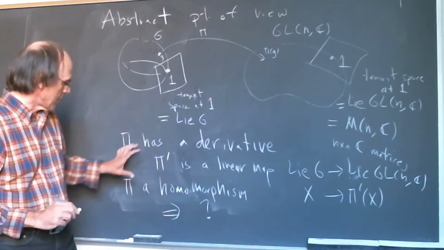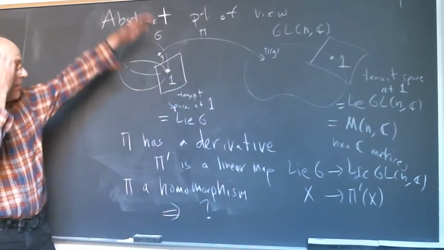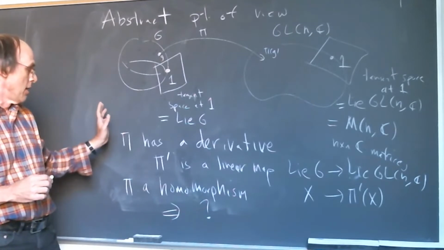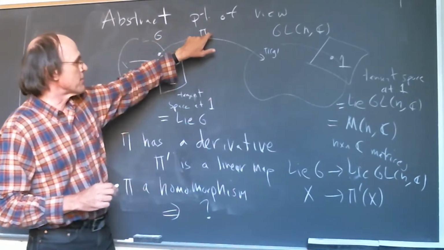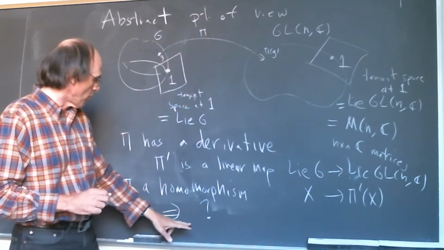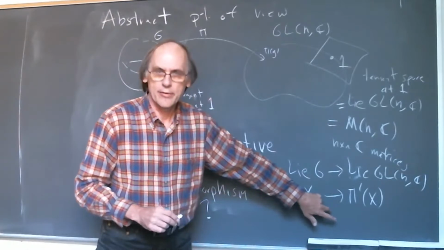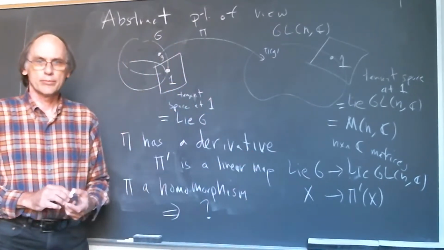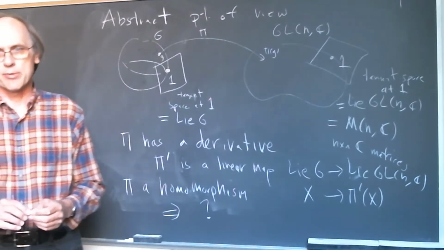So this is the question I'll leave hanging: this whole story is about linearization, and if you linearize, the funny thing about these maps is that they're homomorphisms. What is then the funny thing about this? The big constraint that you get on these maps. Okay. So at this point this is just the abstract nonsense.